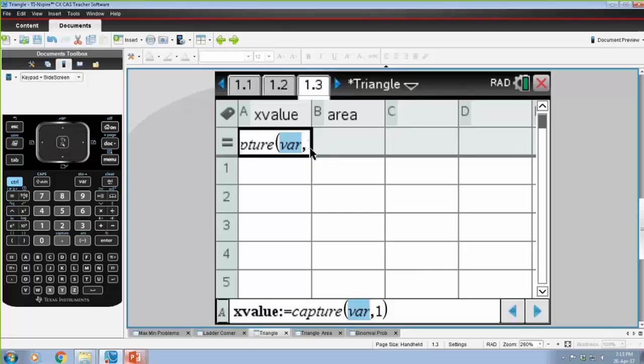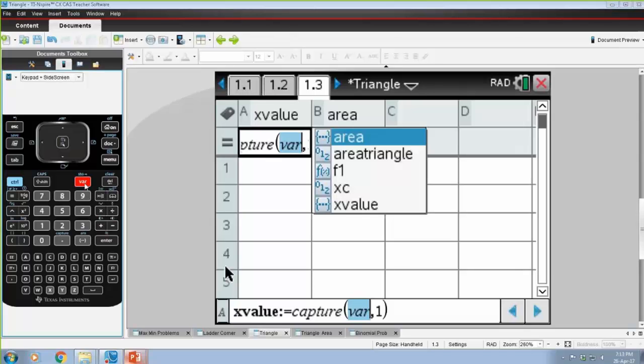Notice down the bottom we've got x value equals capture(var). Now if I couldn't remember the name of my variable, and sometimes you misspell variable names, it's best just to get your variables from the var button. So when I press the var button, I want to get the xc value.